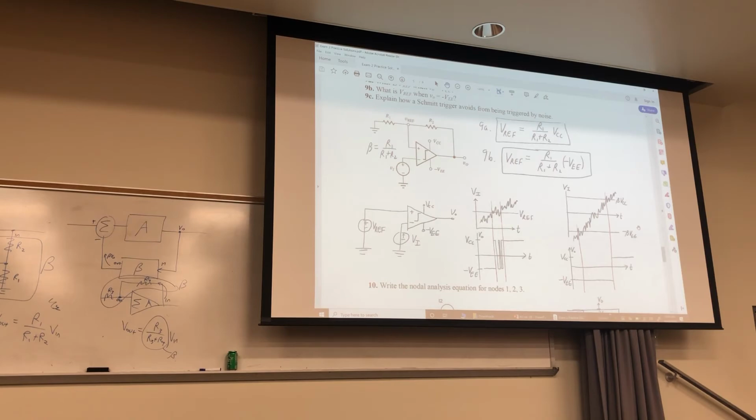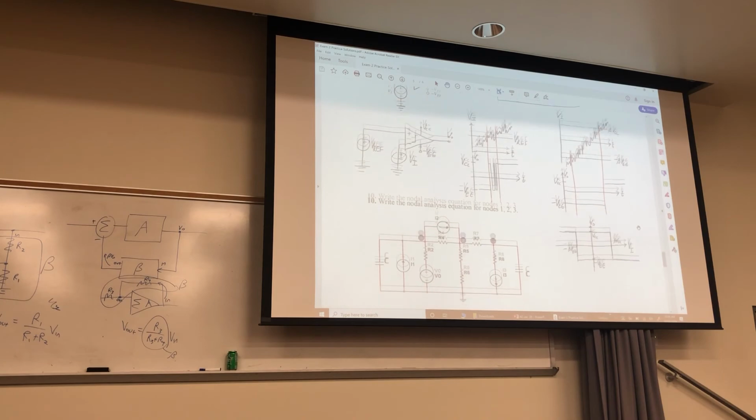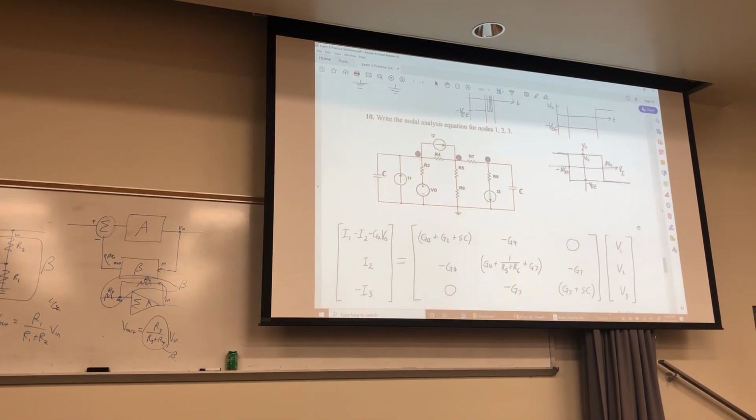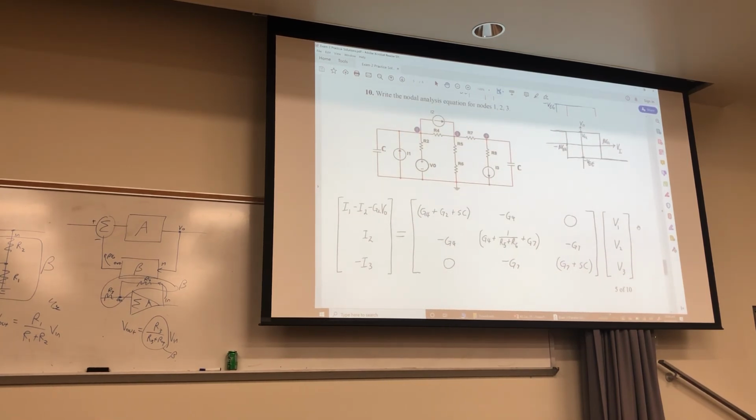But if you have your feedback right here with these guys, then this is separated, right? So even though it's noisy, once it crosses this, it'll stay there until it goes back over and crosses this one over there. And that's the nice thing about that. So you could think of it as having some memory.